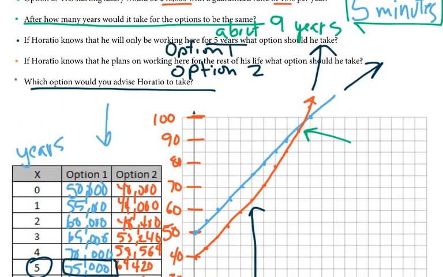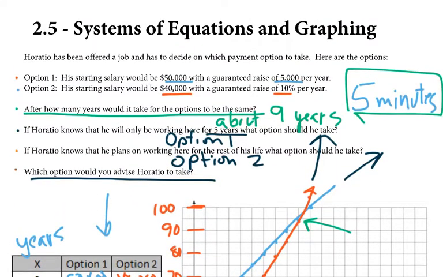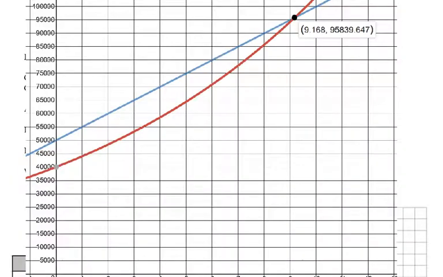Now I wanted to just show you guys one thing. I graphed it on Desmos, and we can get an exact time when they would be exactly the same. If we take a look at this graph, which looks pretty close to the one we got, we see that curvature.